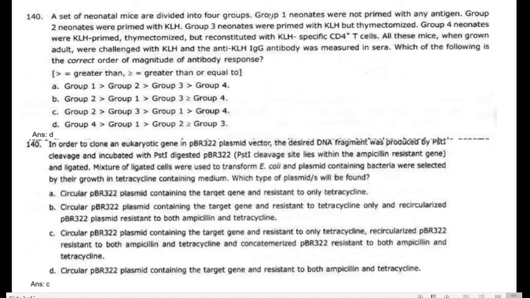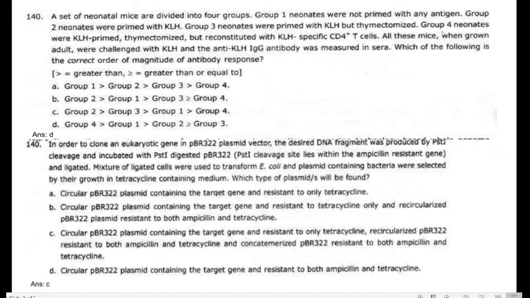In group one, the neonates were not primed with any antigen, so there is no antigen input. In group two, neonates were primed with KLH. Group 3 neonates were primed with KLH but additionally thymectomized. Thymectomized, we all know, means thymus removed.